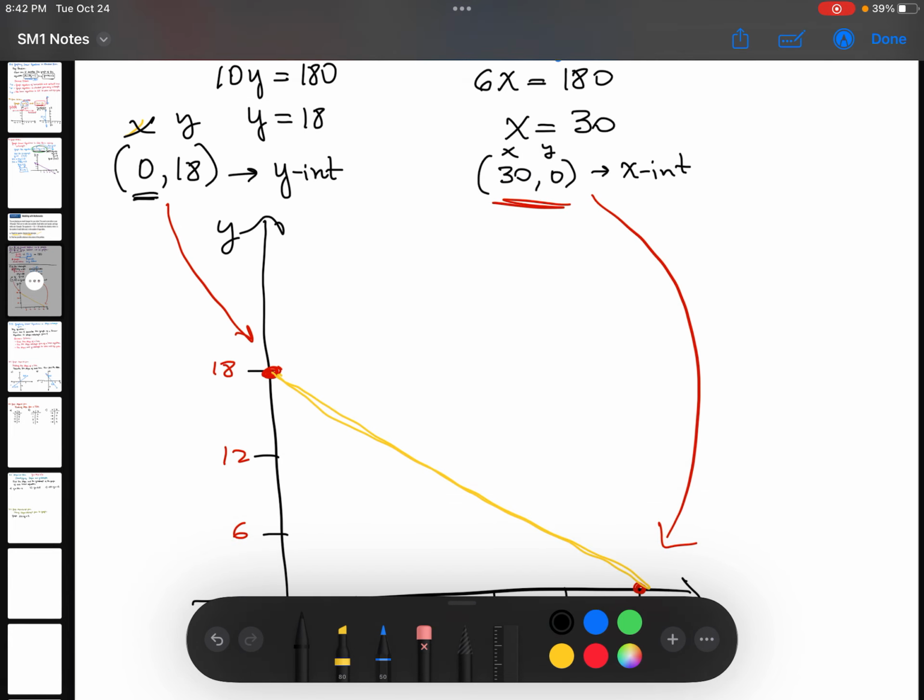When there are no small tables, how many large tables do I need? 18. When there are 30 small tables, I don't need large tables because 30 tables will do the trick for the 180 people. That's what the intercepts mean. That's how we interpret them based on our context.